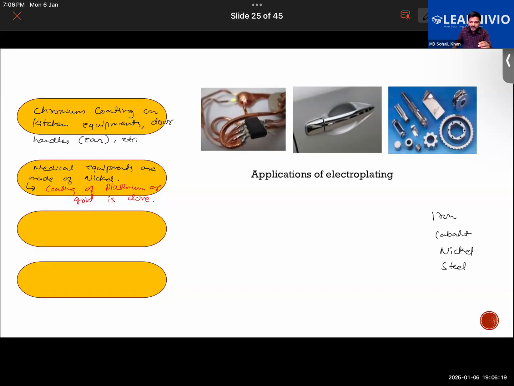The jewelry that you purchase from the market is not 100% pure gold, because it would be very soft and very malleable. So that is the key. Thereby, in jewelry making also, electroplating is done.